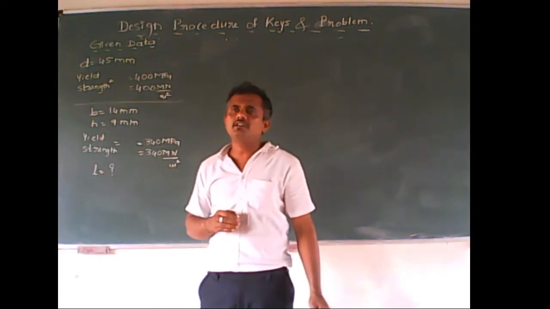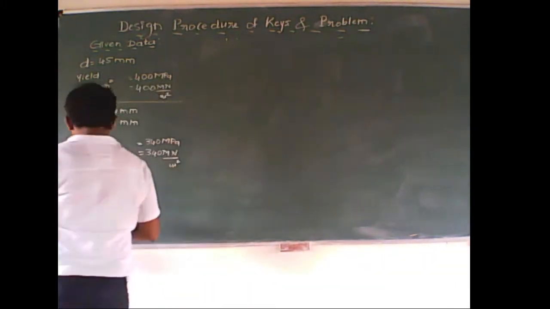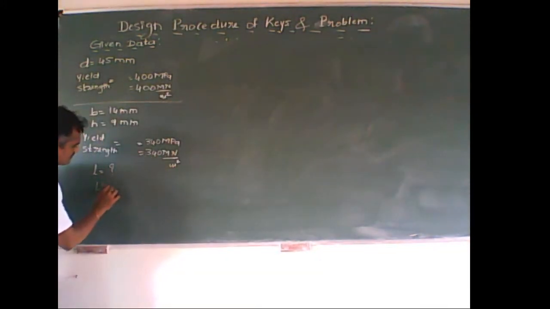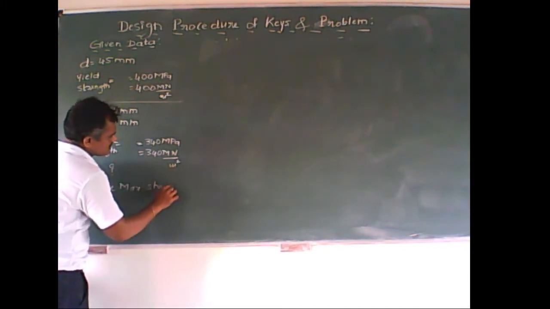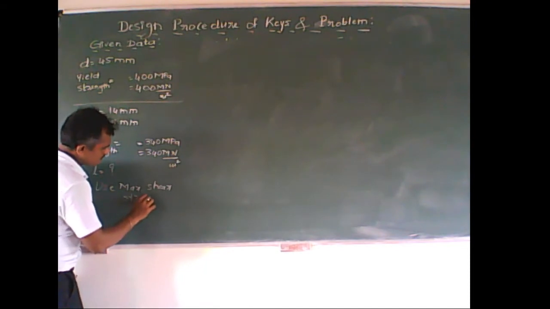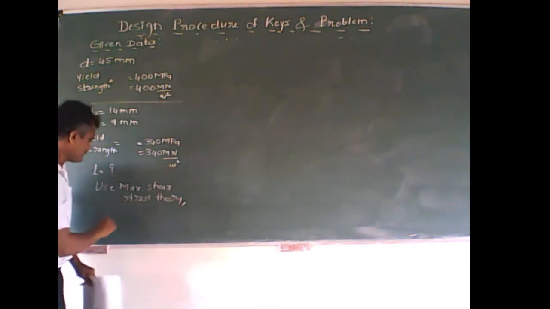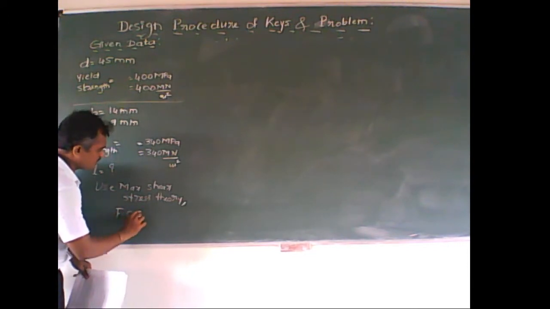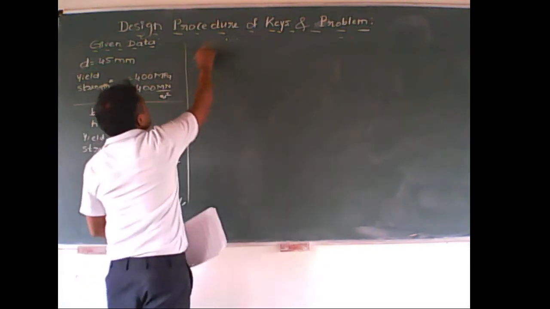It has some meaning in the problem, so let me write that also. Use maximum shear stress theory. And factor of safety is also given, factor of safety is 2. So let me go for the solution.